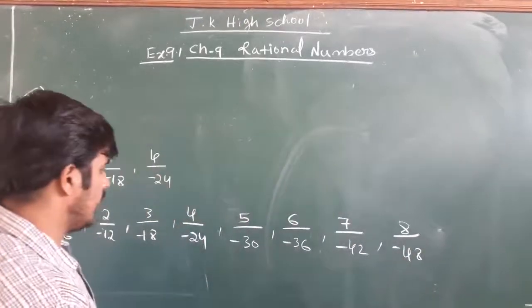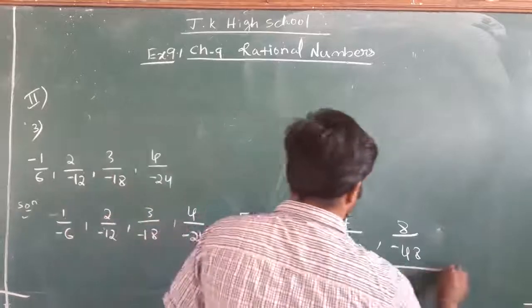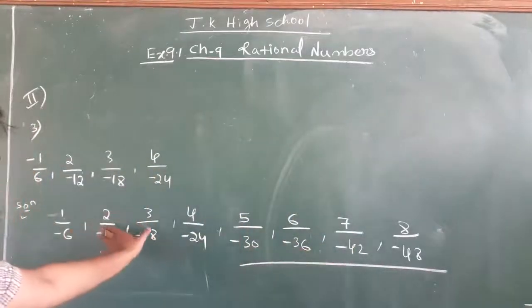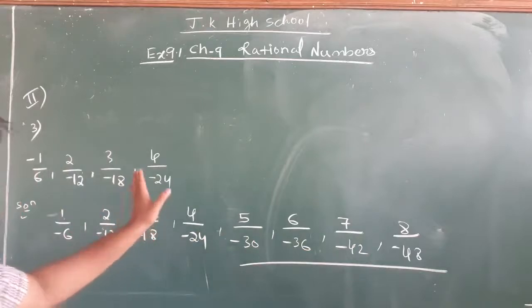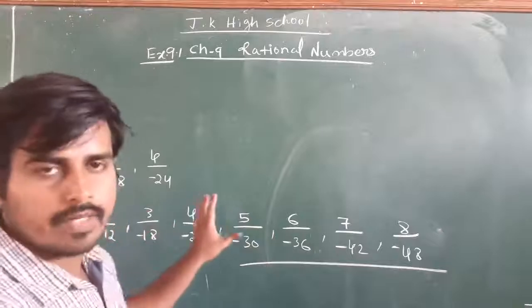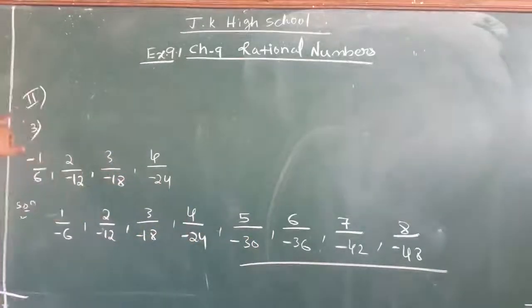And you calculated 4 numbers: 1, 2, 3, 4. In the same way these numbers are there. Okay, minus may be anywhere. You can take minus anywhere. This is the second and third question. First and second you can try. It's very easy.